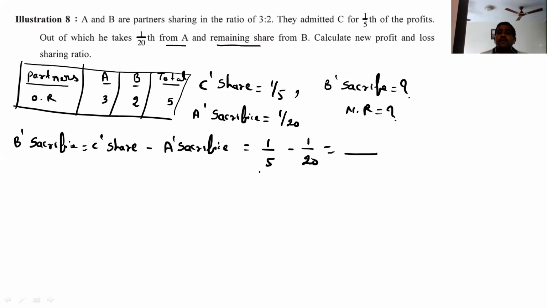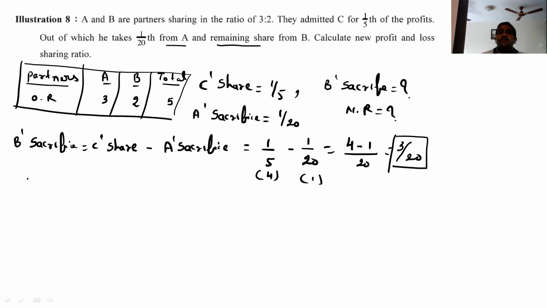If we take the LCM, 5 fours are 20, so it becomes 4 minus 1 upon 20, which comes to 3/20. So it's clear now, B is sacrificing 3/20.